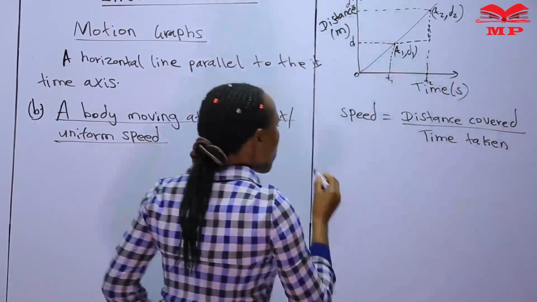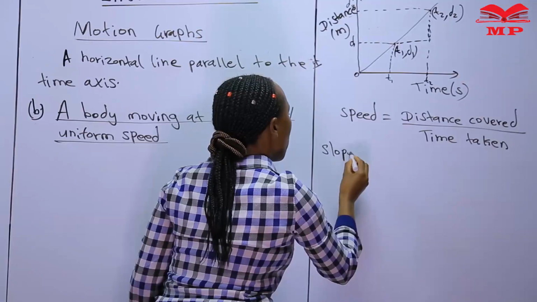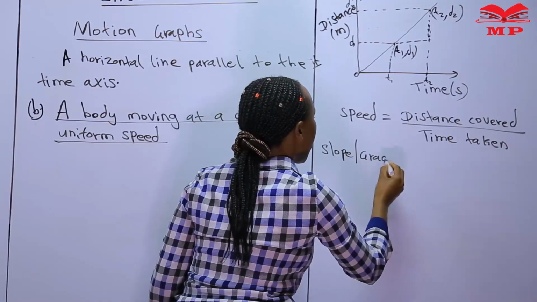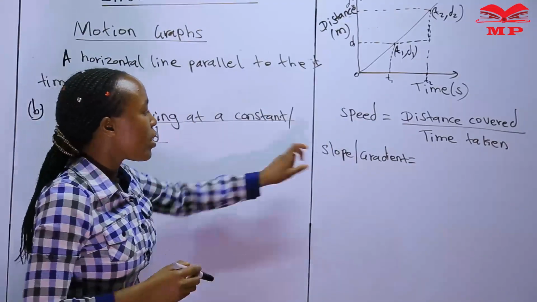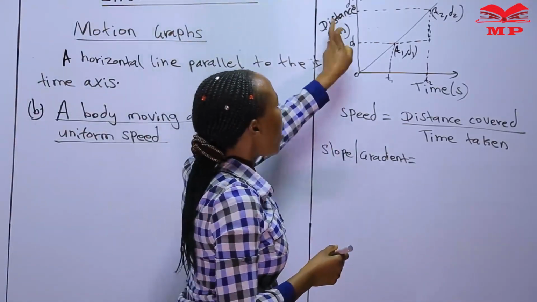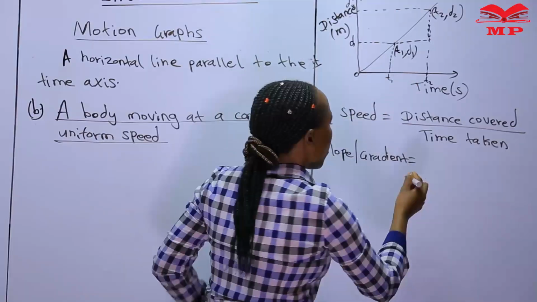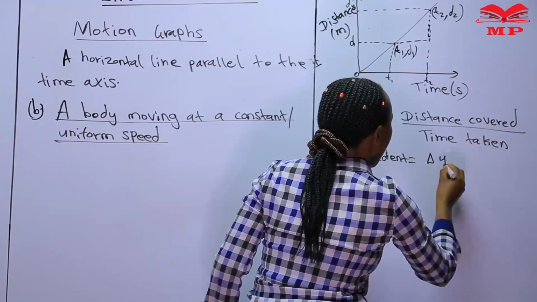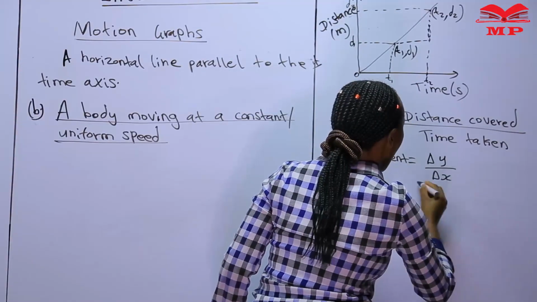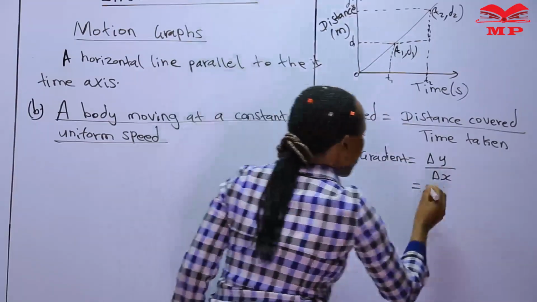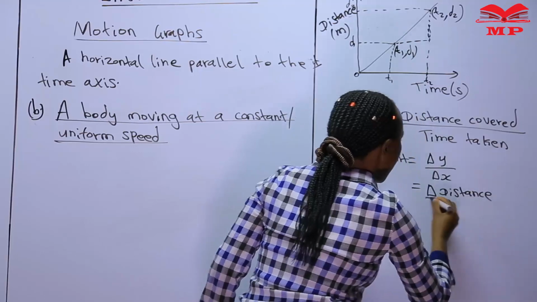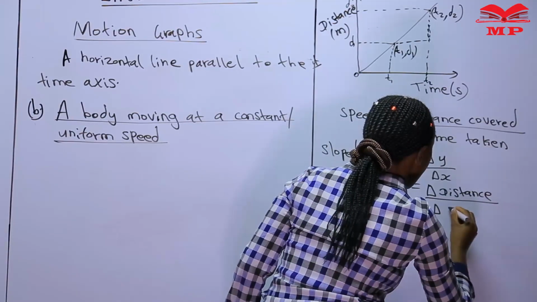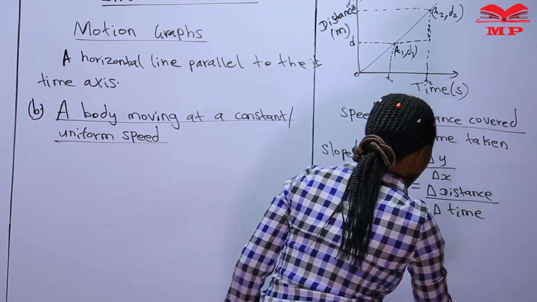If we want to get the slope, which we also call the gradient, we know that the gradient is given by change in y over change in x. In our case, y is the change in distance divided by the change in time on the time axis.